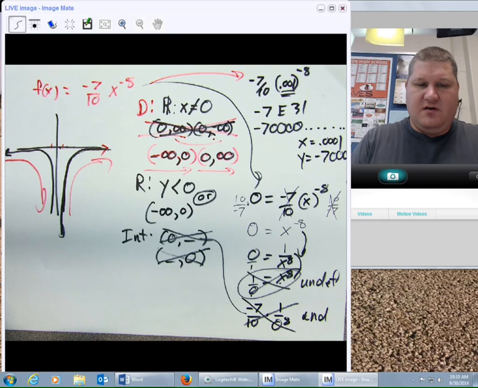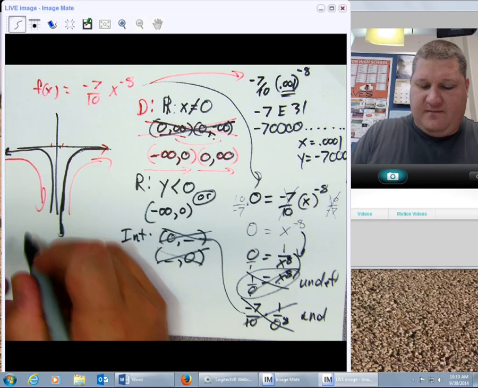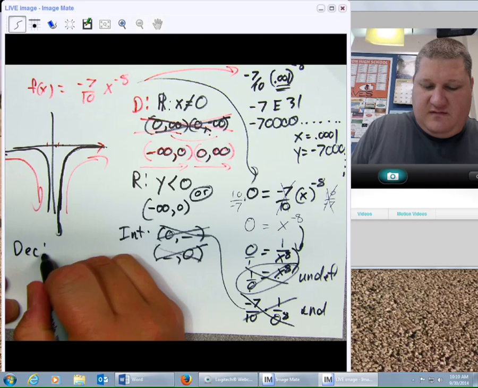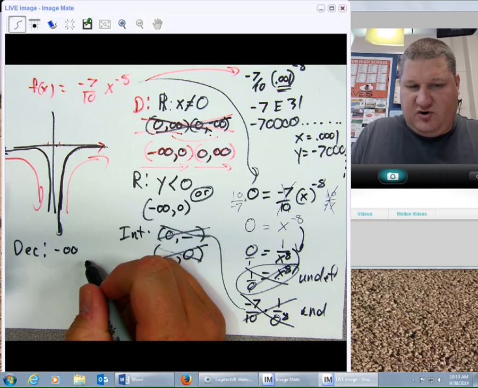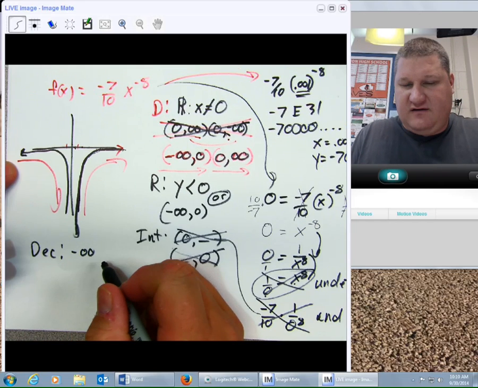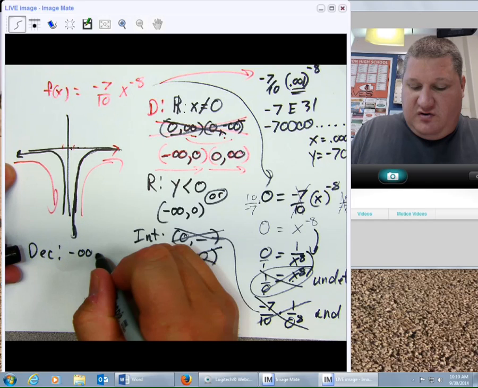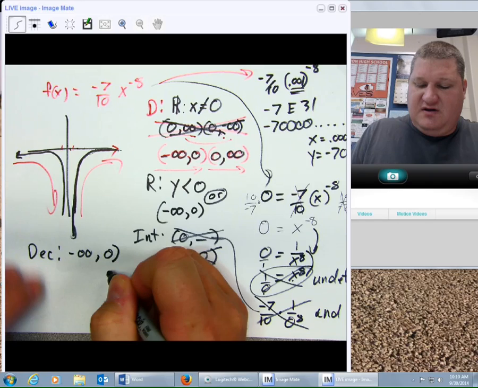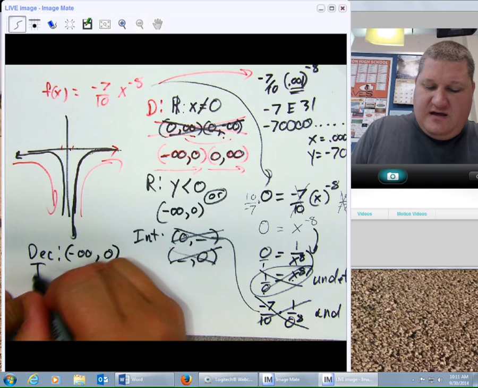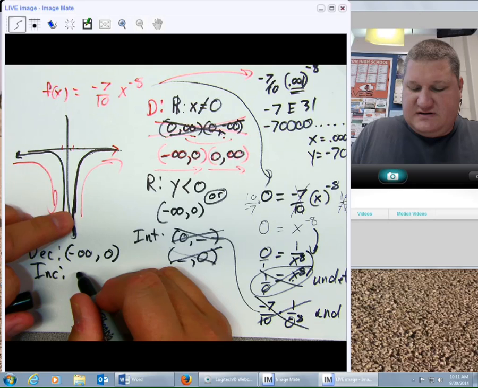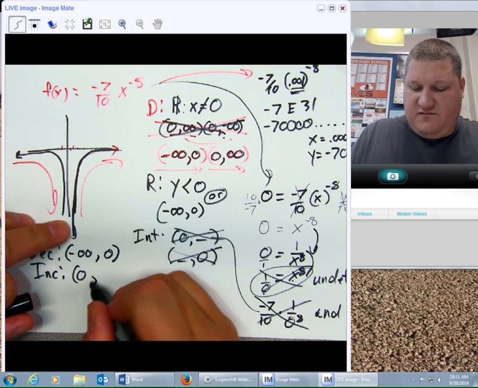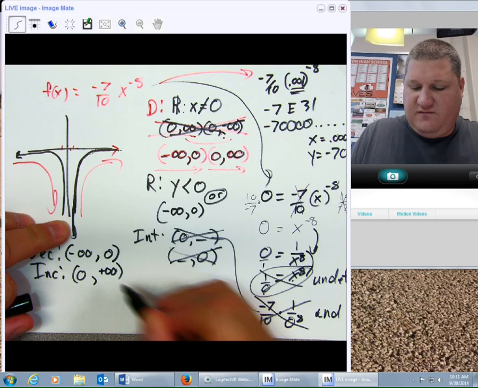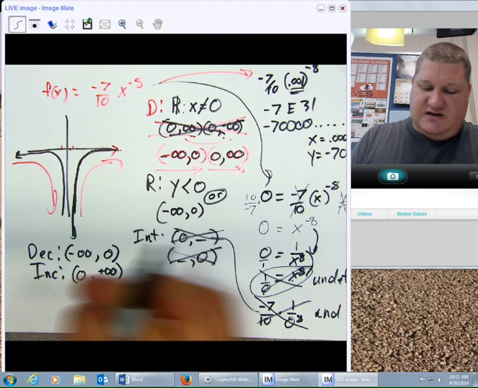And so we'd say decreasing happens from negative infinity, because we're talking in terms of x, to 0. But we don't include it because it's not defined. It's increasing from 0, but don't include it because it's undefined, to positive infinity.